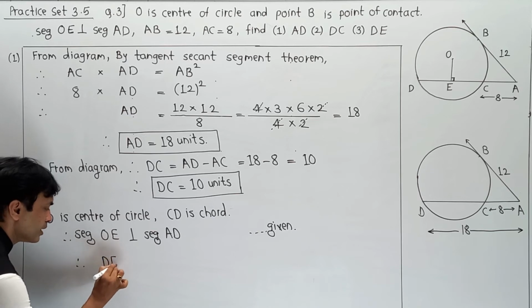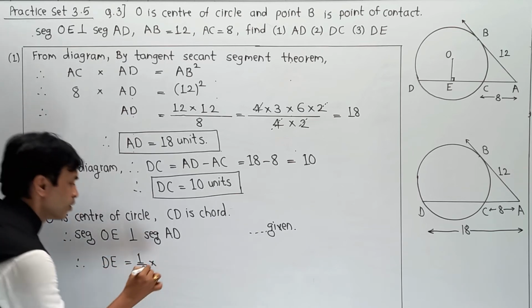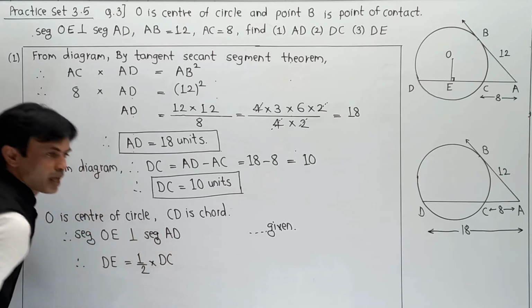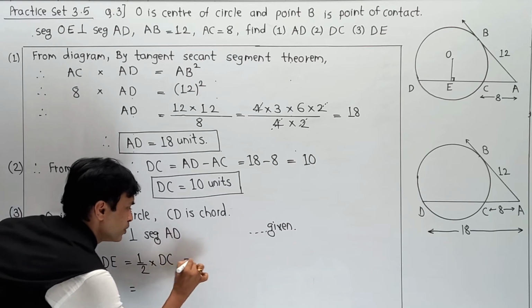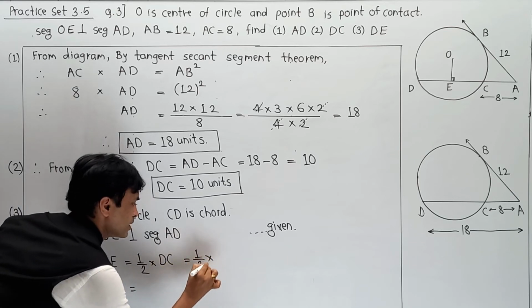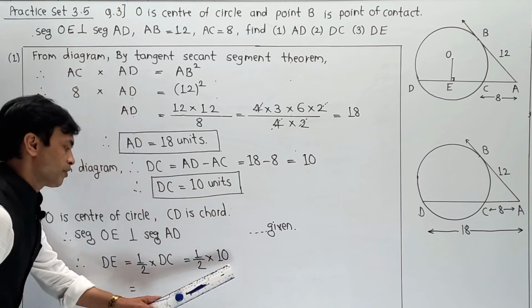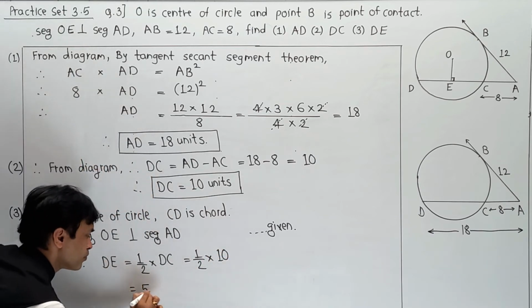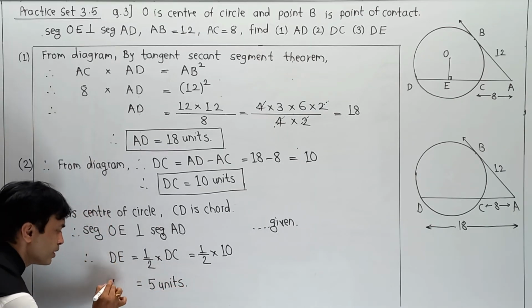Therefore, DE is equal to half of the value of DC. DC is nothing but 10. So half of 10 is 5 units, and that is the value of DE.